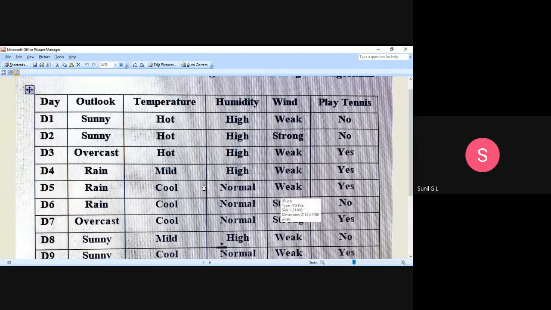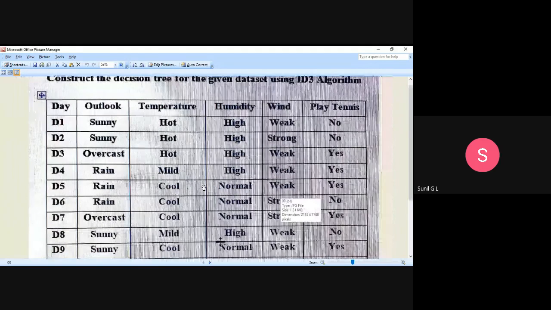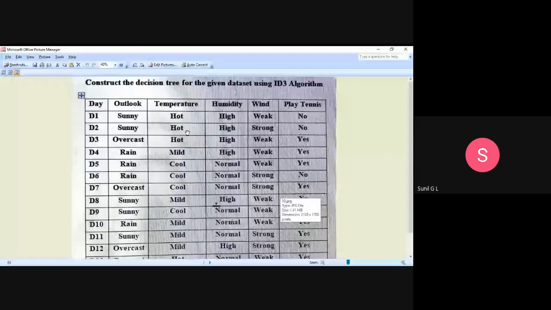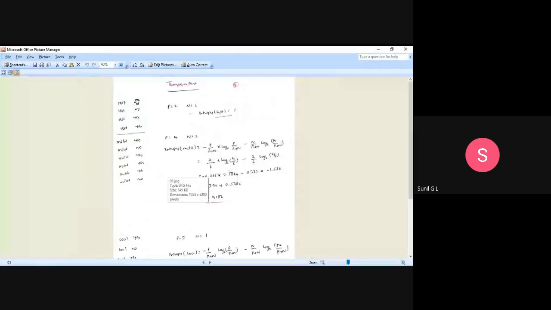So in this data set, how many hots are there? How many mild are there? How many cool are there? So here, in this hot, we have two no values and two yes values. When both are equal, positive and negative are equal, what is the value of entropy?